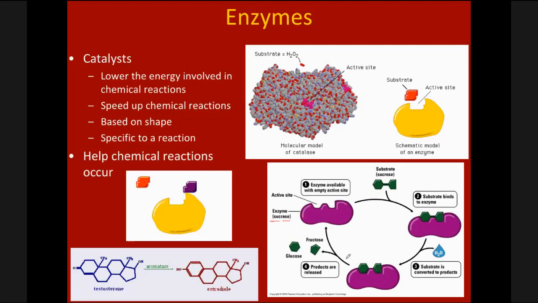And notice what happens to the enzyme. It's free to go turn around and bind with another substrate. So the enzyme isn't used up or damaged in the process of breaking a substrate. It's going to be used again and again. And as long as its active site is free, it will continue to break down its substrate.